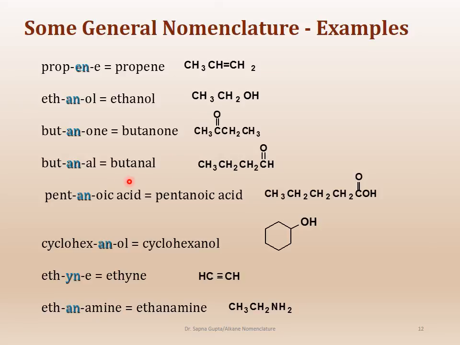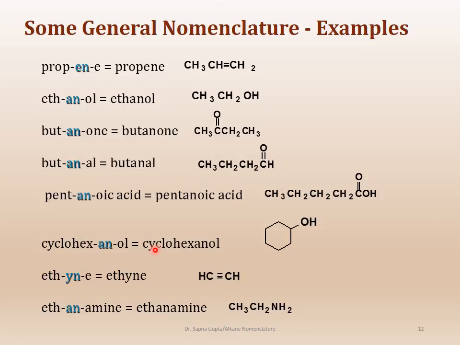Butanal, but, 4 carbons, al would be for an aldehyde. Okay, aldehydes are terminal, so you don't have to number them. That's the nice thing about aldehydes. The same thing goes for carboxylic acids. Carboxylic acids are terminal. And so for pentanoic acid, you know you have pent as in 5 carbons, and then oic acid tells you that you have a carboxylic acid.